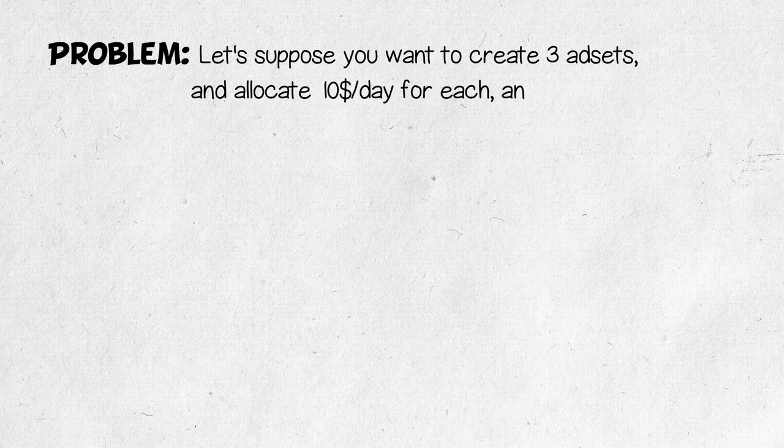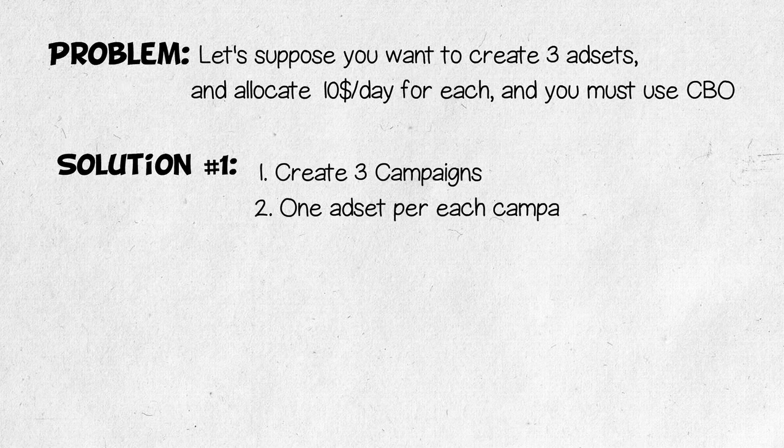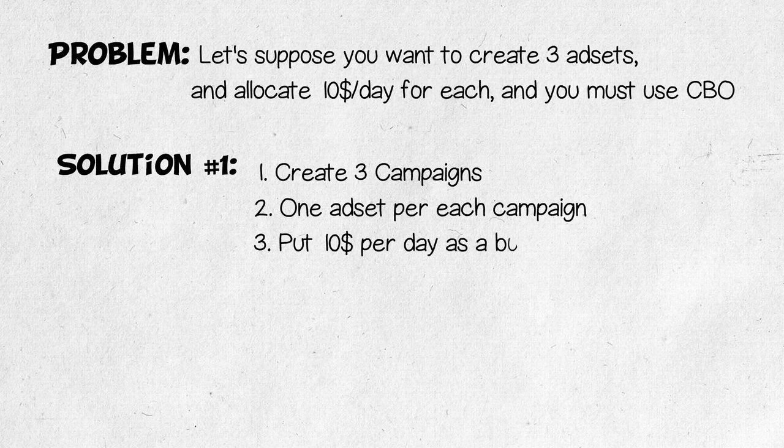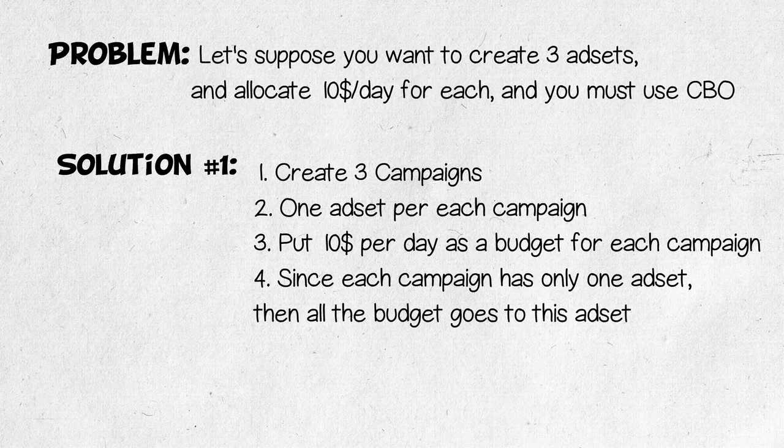Let's suppose you want to create 3 ad sets and allocate $10 per day for each one, and you must choose CBO. My first solution consists of creating 3 campaigns, 1 ad set for each campaign, and put $10 as a budget for each campaign. Since each campaign has only 1 ad set, then all the budget goes to this ad set.